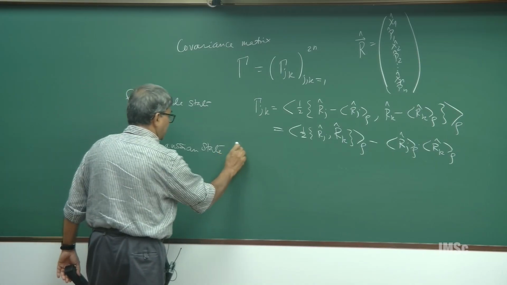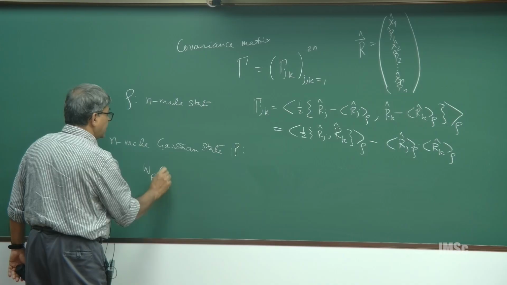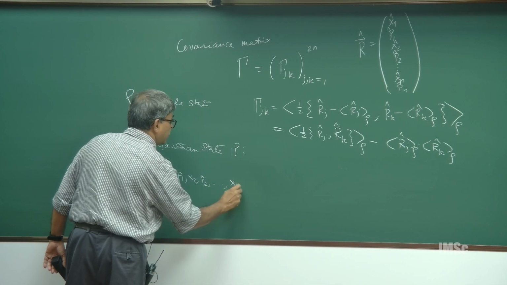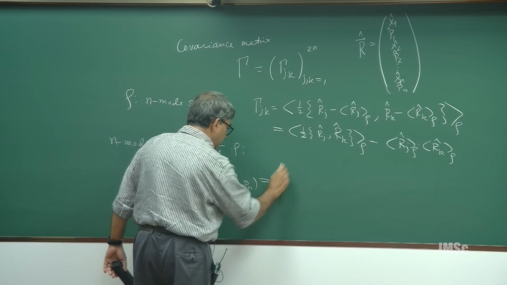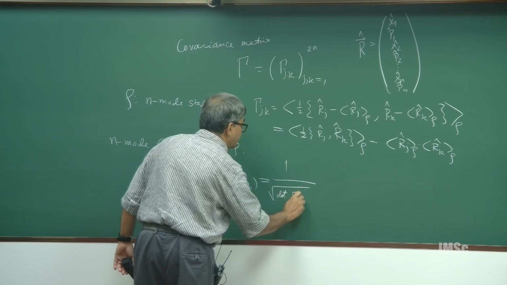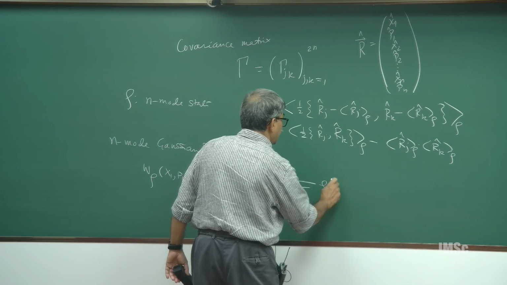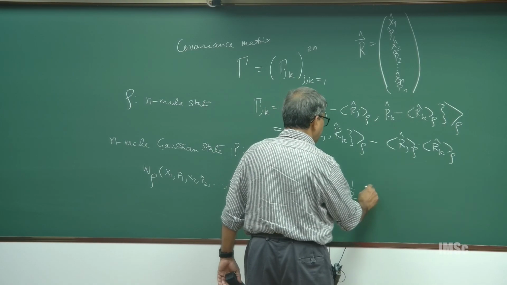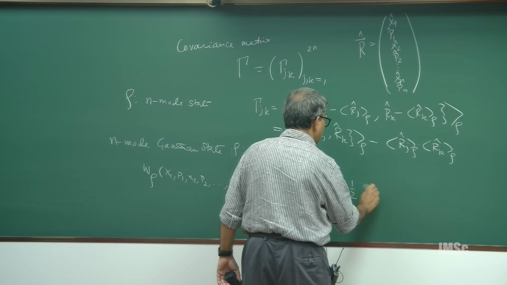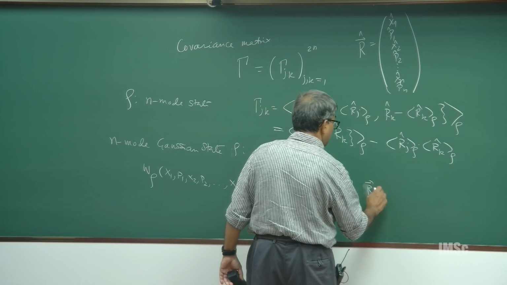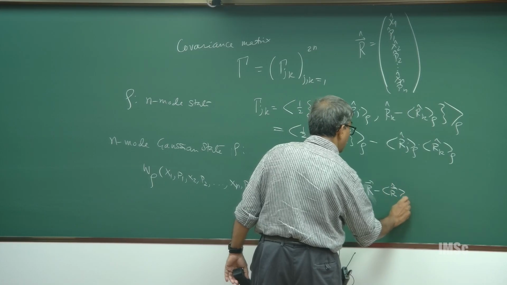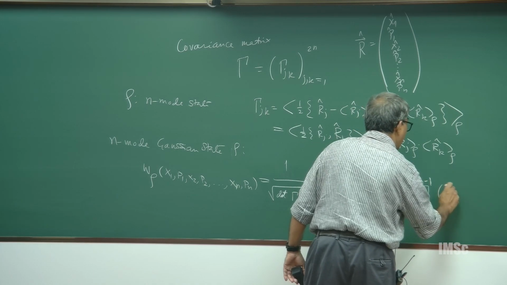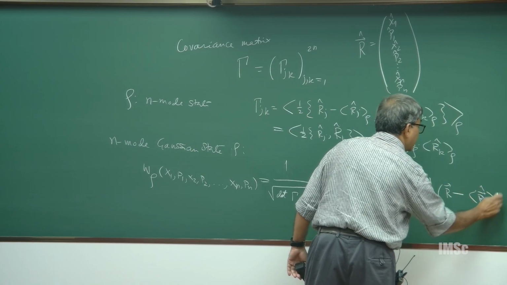So, if I take it to be rho of x 1 p 1 x 2 p 2 up to x n p n, this is 1 by the square root of the determinant of gamma, multiplied by the exponential of minus half, R minus the average of R, transpose, gamma inverse, and then R minus the average of R. Okay.